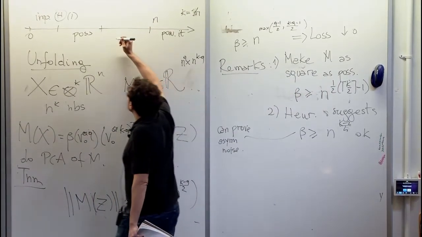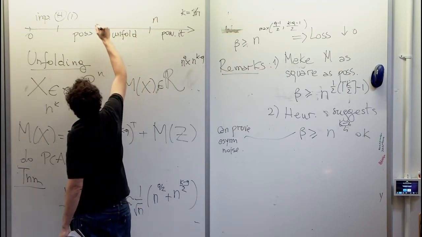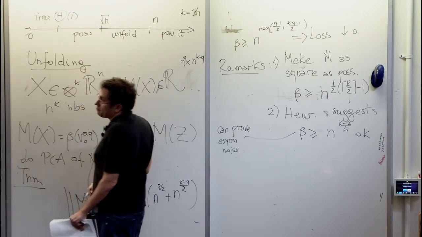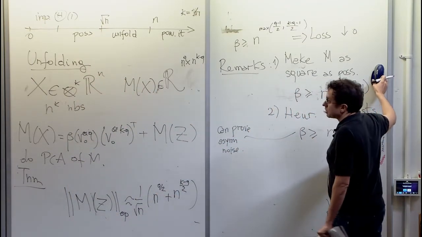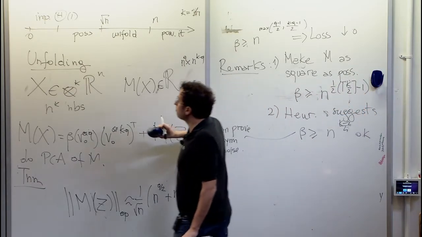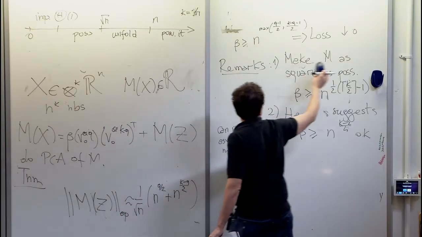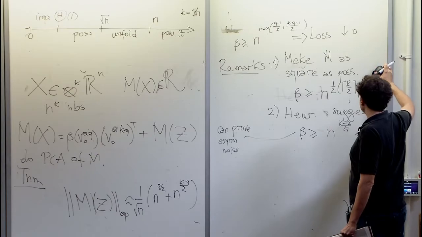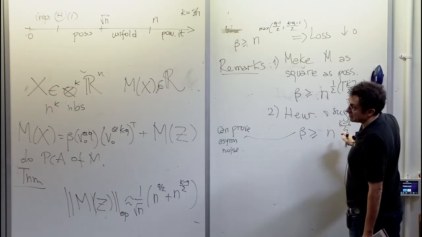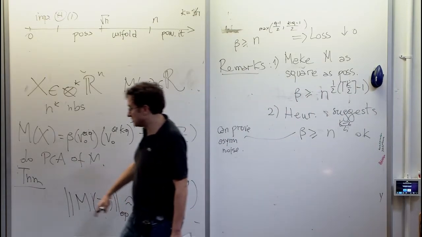Here unfolding works. And here is square root of n. You can repeat the same picture, plotting the exponent that I conjecture to be correct, but you see the difference is big because this goes like k over 4, and this goes like k over 2.